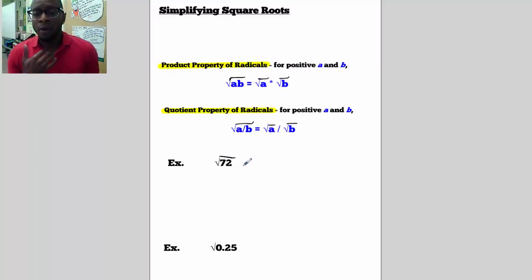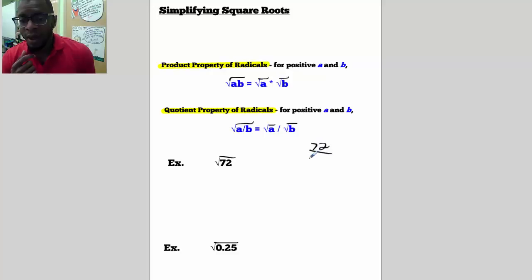Now we have this example, radical 72, and we want to simplify this radical. So the first thing that we're going to do is come to the side and look at our factor pairs of 72.